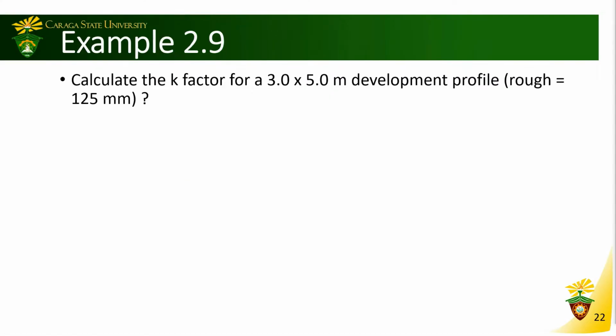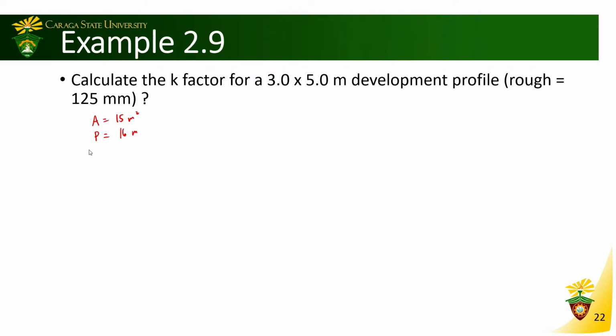Next, we're asked to calculate the K factor for a 3x5 meter development profile with surface roughness e equal to 125 millimeters. For the development opening, the cross-sectional area is equal to 15 square meters since it is 3x5, and its perimeter is 8 times 2, or 16 meters.